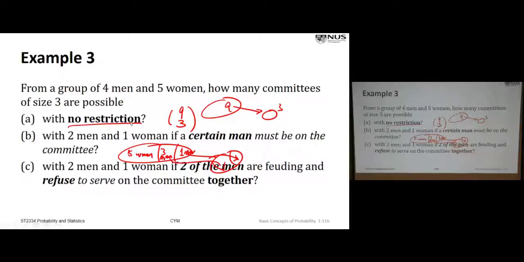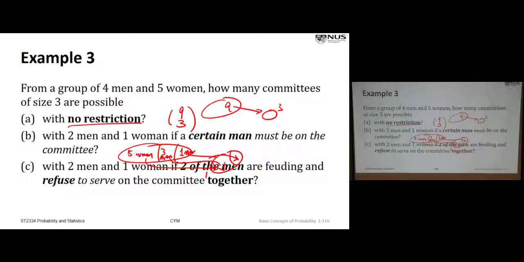And then from the 5 women, I choose 1 woman. All right? So in other words, I divide these 9 persons into 3 groups, not just men and women, but the women, then 1 particular man as a group, and the third group, the remaining 3 men.